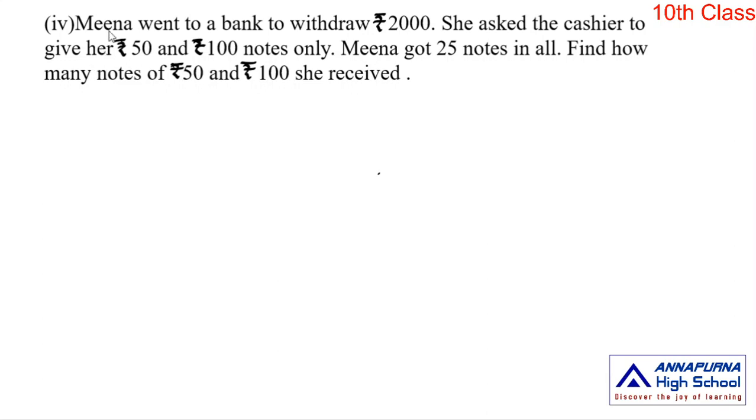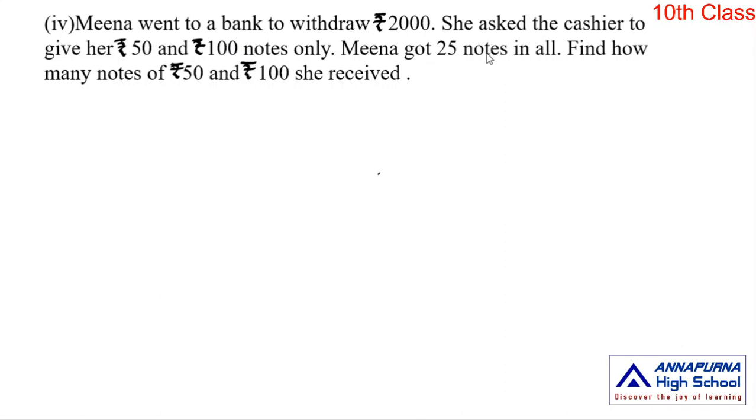Okay, once again, Meena went to a bank to withdraw 2000 rupees. She asked the cashier to give her 50 rupees and 100 rupees notes only. That means she received this 2000 rupees as 50 rupees and 100 rupees notes only.